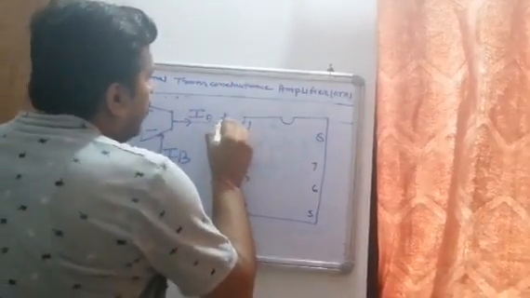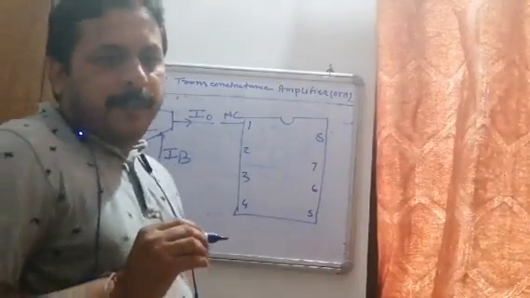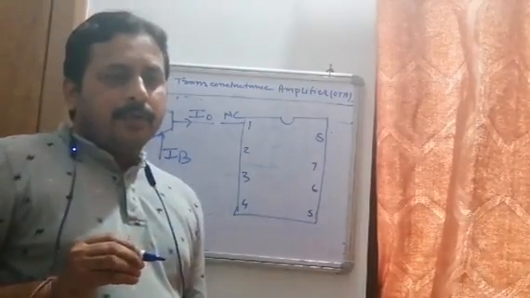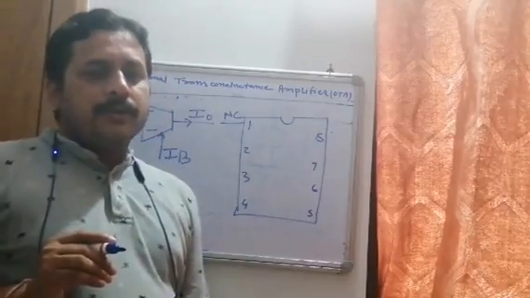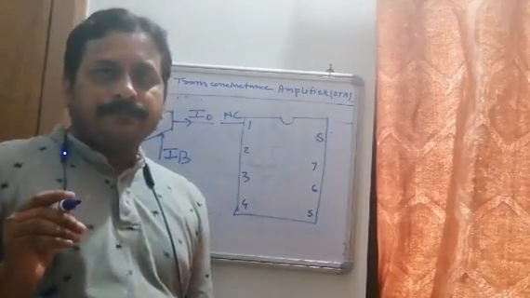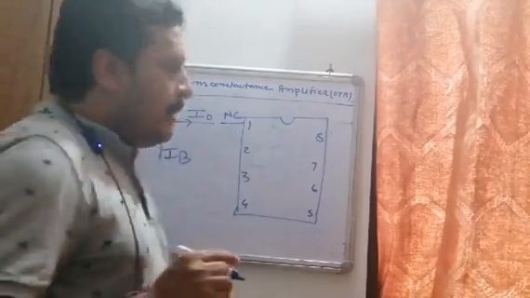Pin 1 is NC, not connected. Pin 2 and pin 3 are used as input pins. Pin 2 is used as the non-inverting pin and pin 3 is used as the inverting pin.